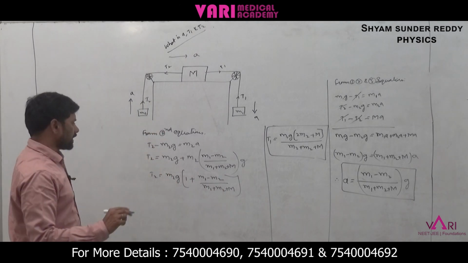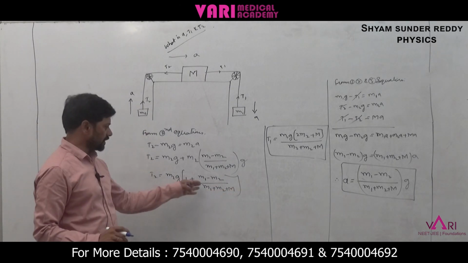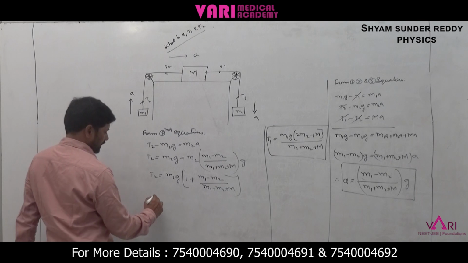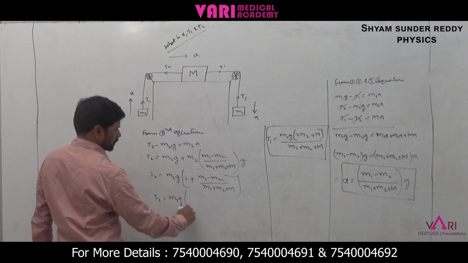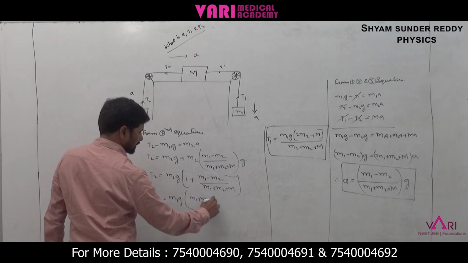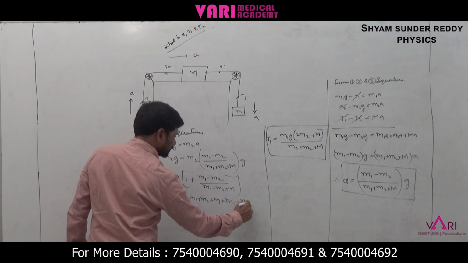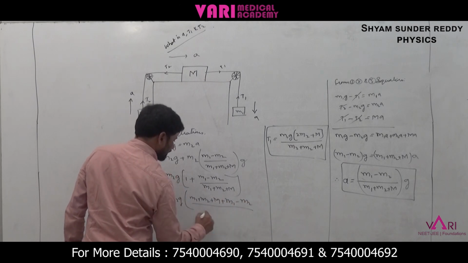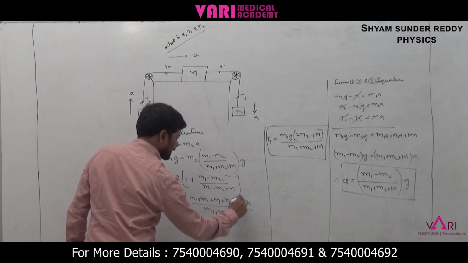Now do the LCM, which is m1 plus m2 plus M. So what can we get? T2 is equal to m2g into (m1 plus m2 plus M plus m1 minus m2) divided by (m1 plus m2 plus M).